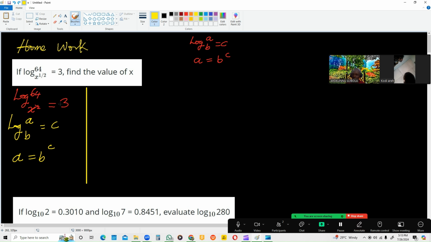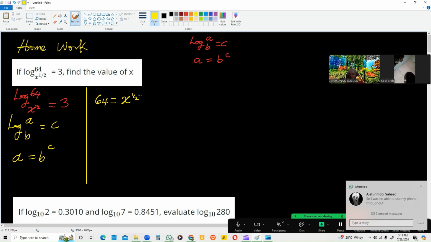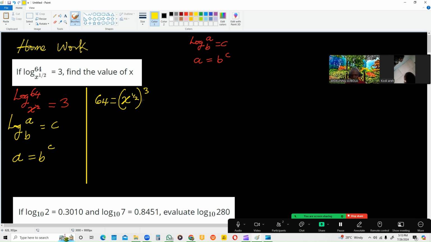Good, good. So what I'm going to write now is A, which is 64, equal to B, which is x raised to power half, also raised to power C, and our C is 3.